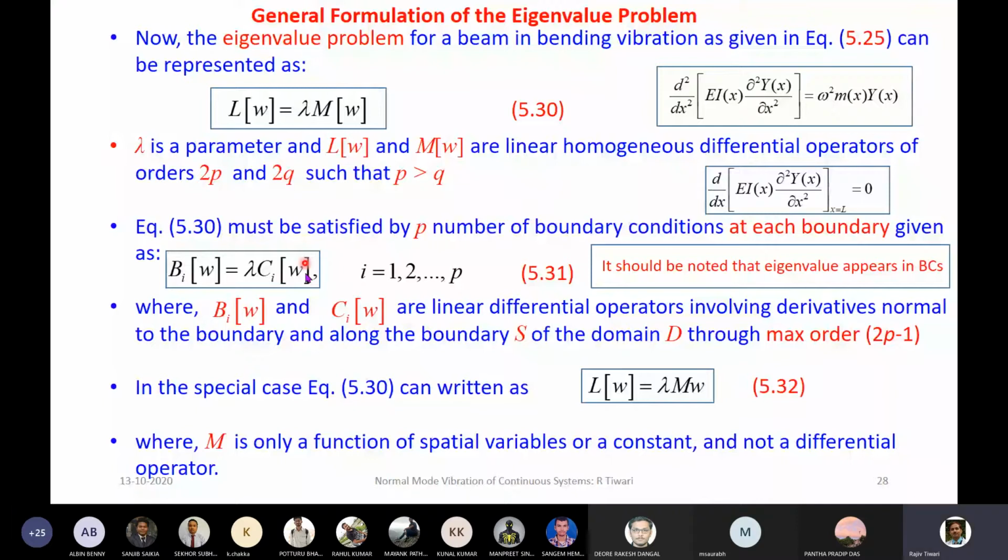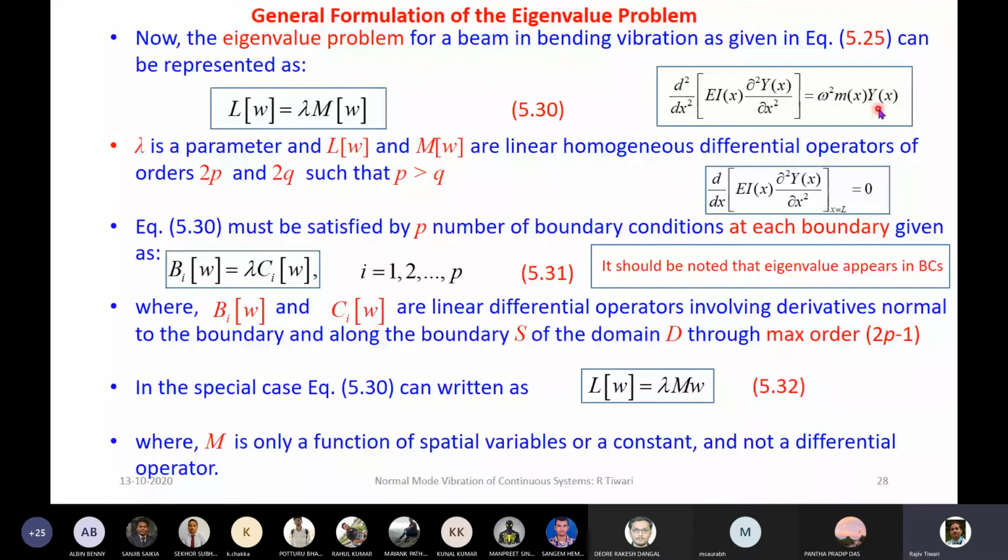In the eigenvalue problem, M and L I defined, where M can be a differential operator. But in this particular case, we see that on the right side, there is no differentiation of the Y. So this is a simpler case. In that case, we can define the eigenvalue problem in a special form, in which we have the L operator applied to W equal to lambda, M operator, and W. So the M operator is m(x) for the beam case.